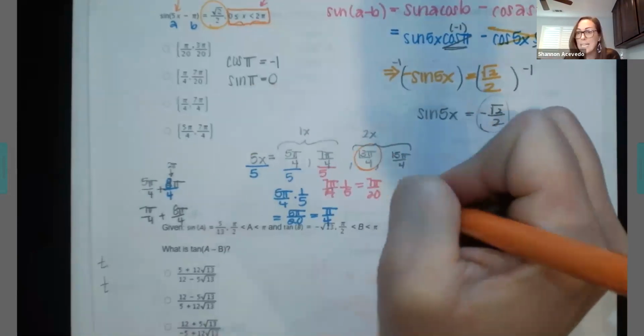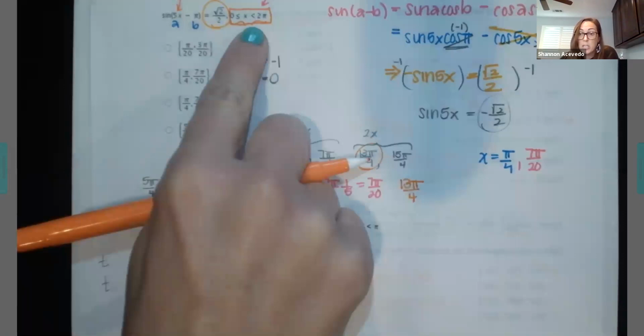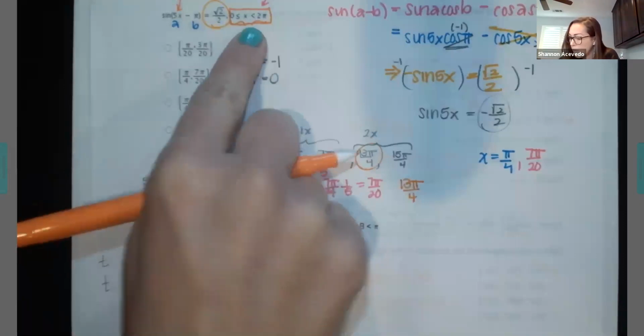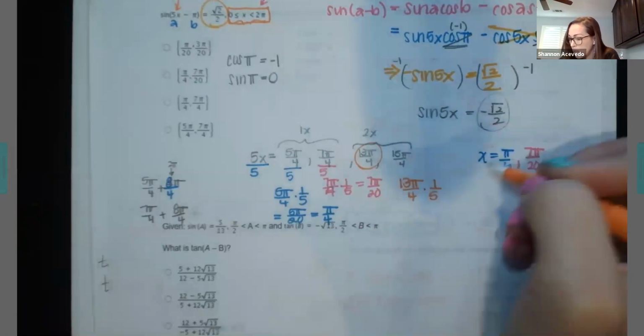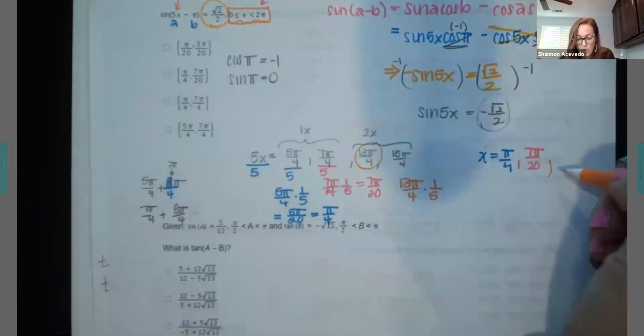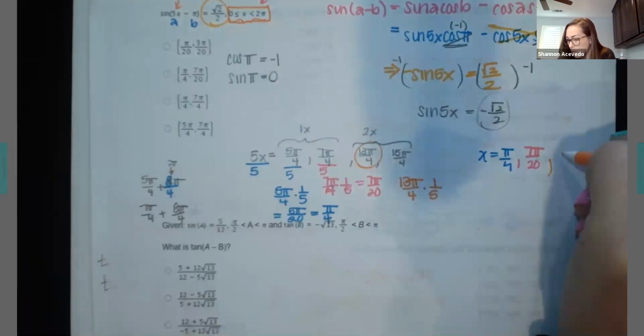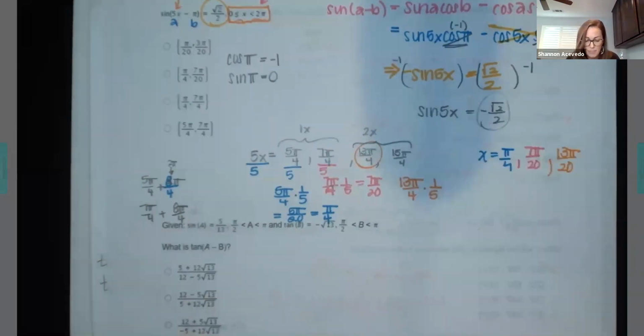I'm going to keep going until I get larger than my 2 pi. So 13 pi over 4 times my 1/5 is going to be 13 pi all over 20. And then I could go ahead and I could do it again.